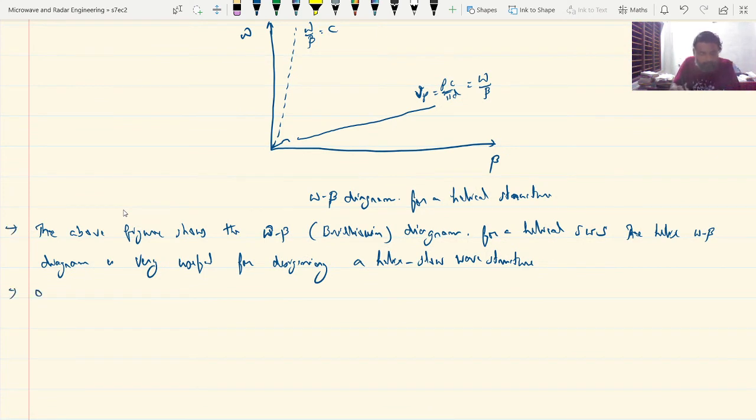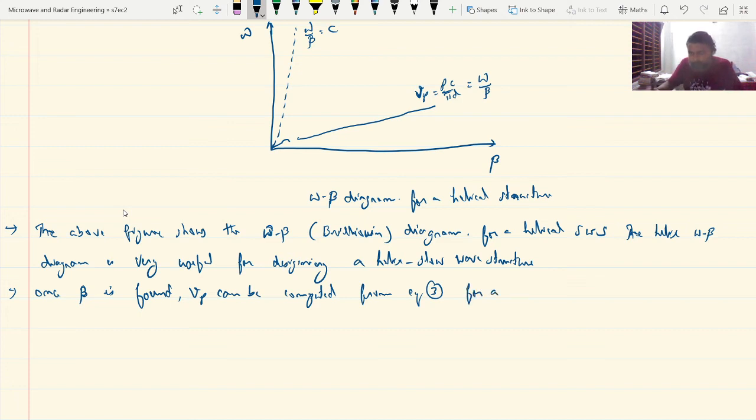Next point: once beta is found, then Vp can be computed from equation 3 for a given dimension of the helix.